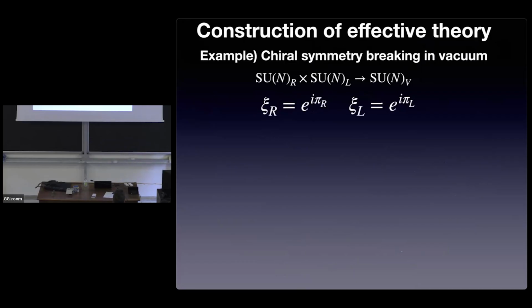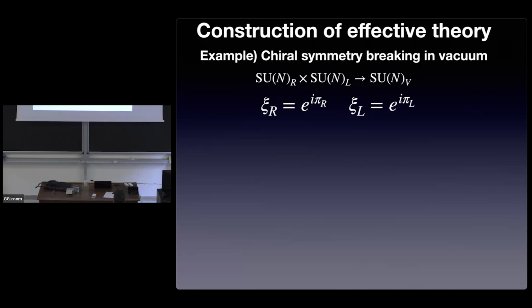The other example is in the vacuum, so let's consider chiral symmetry breaking. In that case, we have SU(N) left times SU(N) right. That is a chiral symmetry. In the vacuum, the QCD vacuum breaks down into the diagonal part of that one.